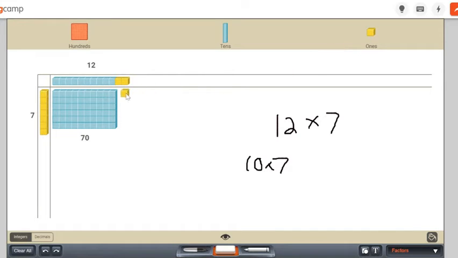So we take the 2, so 1, 2, and we're just going to build in that side. And we get an answer of 82. So 12 times 7 is 82.